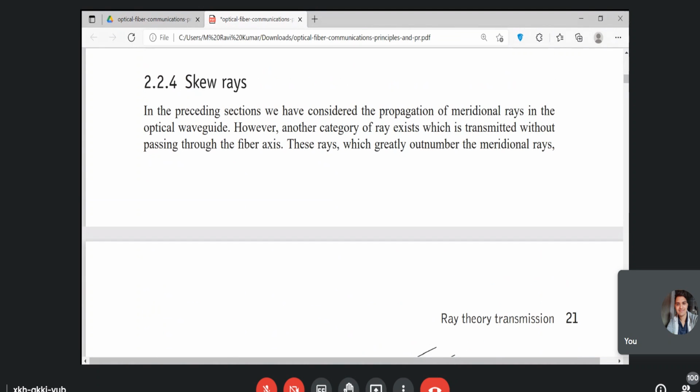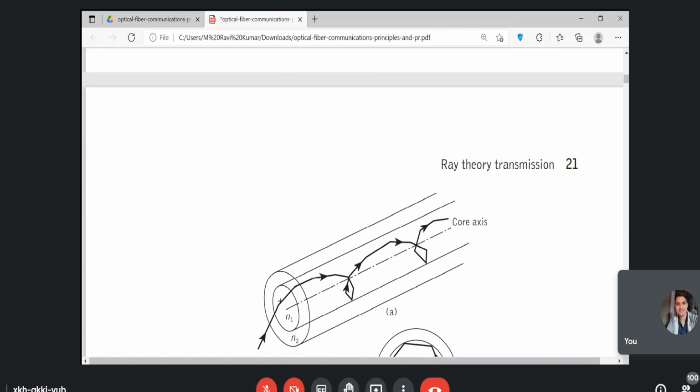Now, skew rays are something very typical, and what we have seen to identify the numerical aperture and the conical half angle is different from this. This is not a ray which is propagating along the axis of the core.